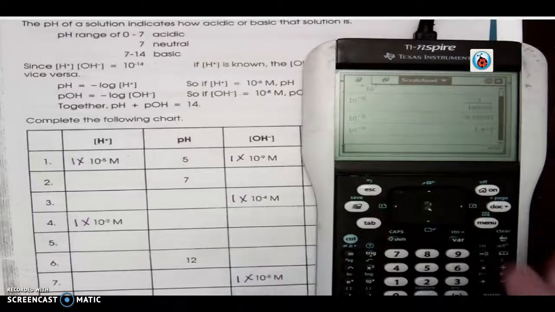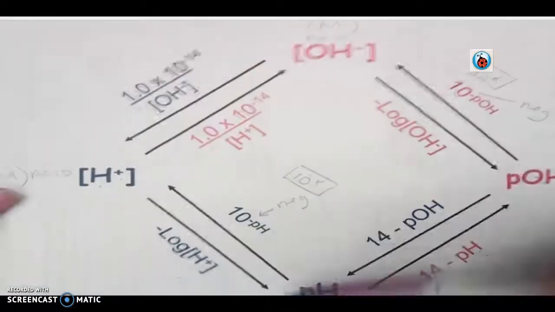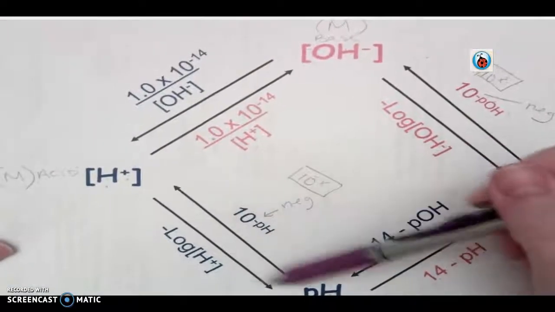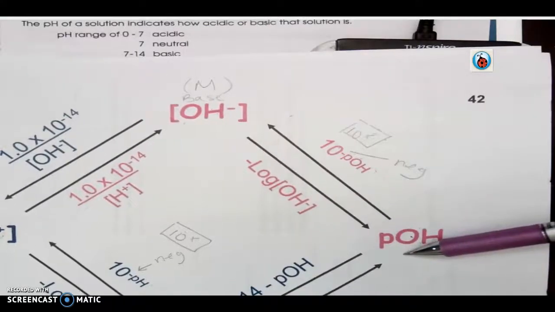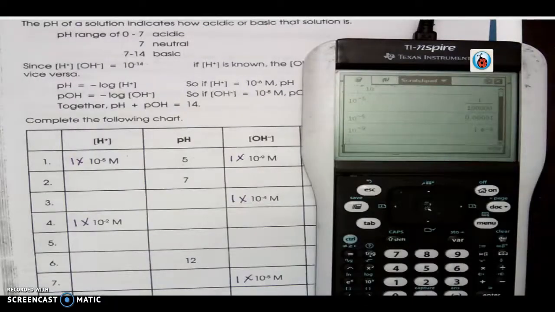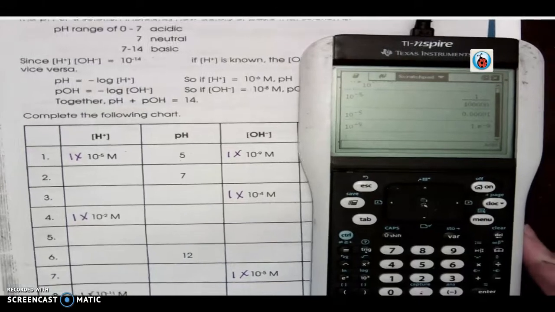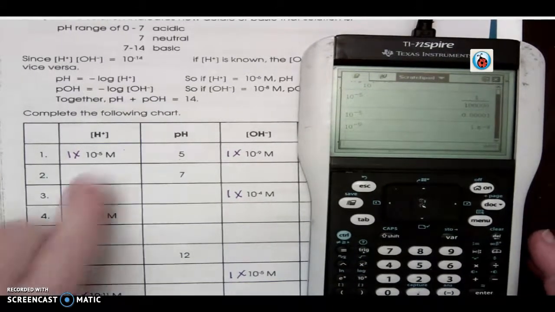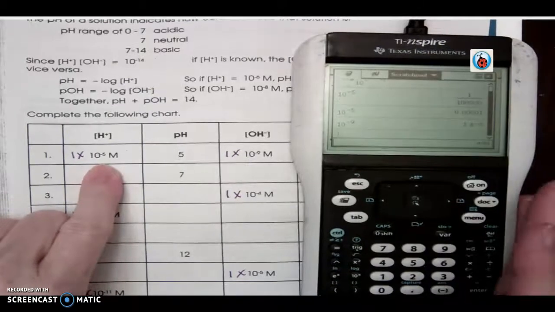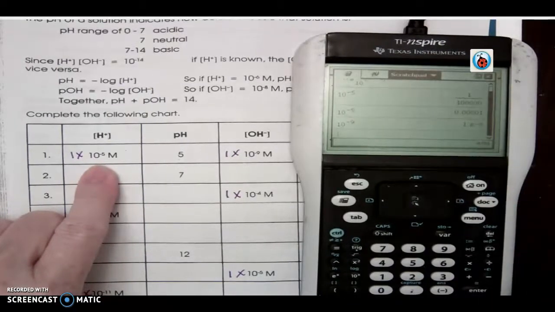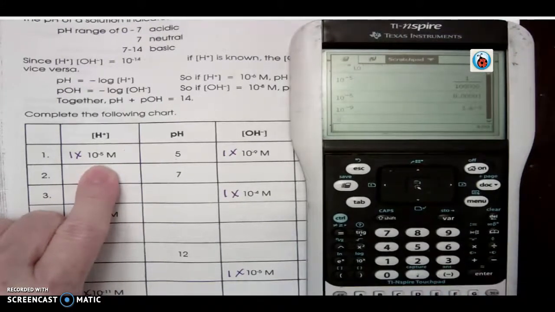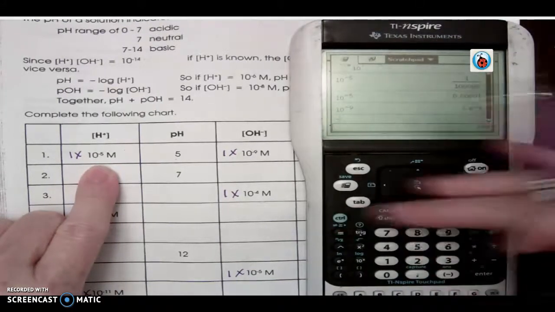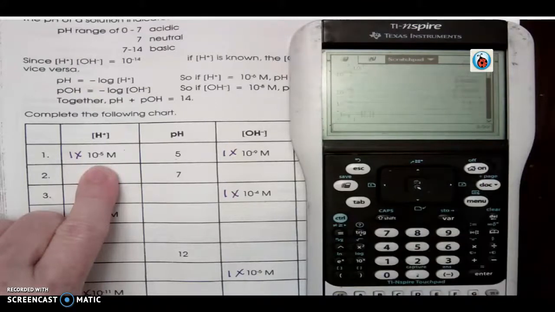What if you're going the other way? What if I'm going from H to pH, or OH to pOH? How do I get there? Negative log. So let's try it again with this one right here. I'm going to put in the negative button, and hit control log.